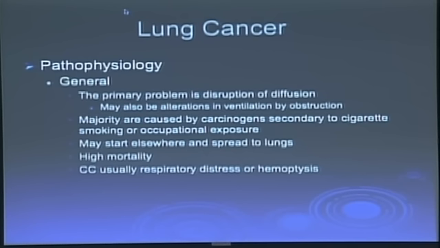The chief complaint that they're going to call you for is respiratory distress. This may be an end-stage kind of problem for them. They now have significant ventilation issues or obstruction, and significant diffusion problems, so they'd be hypoxic, perhaps CO2 retaining.